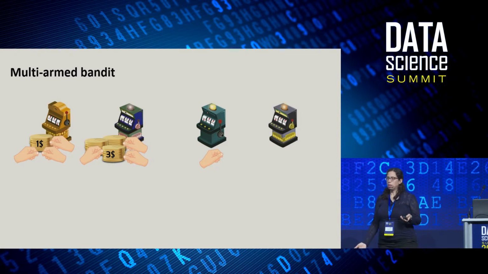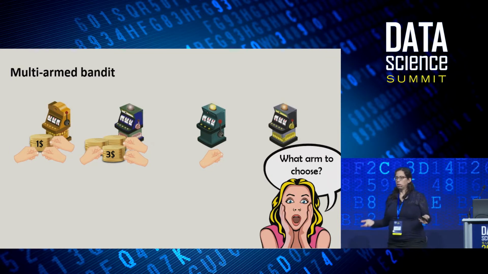And now I need to decide what to do next, and I want to find a better policy. What should I do? This problem is an example of the trade-off between exploration and exploitation. We want to explore the fourth machine or other unused machines, but we also want to pull the second machine, which has the best score till now. So I need to understand what arm to choose.